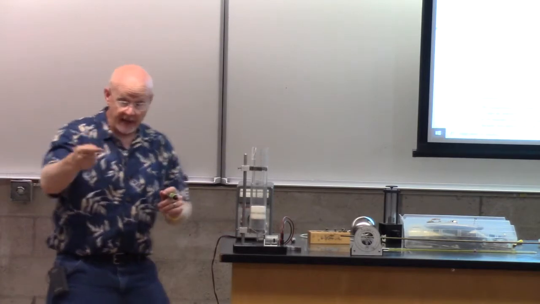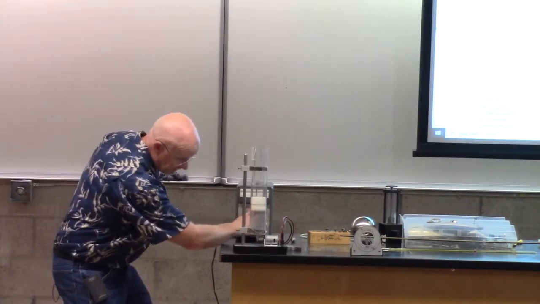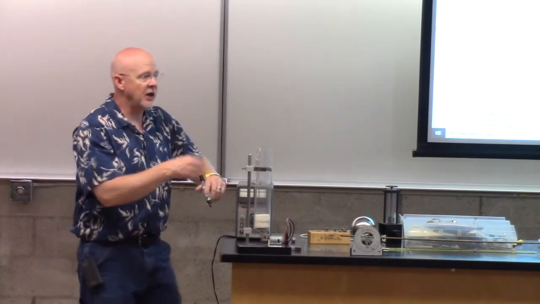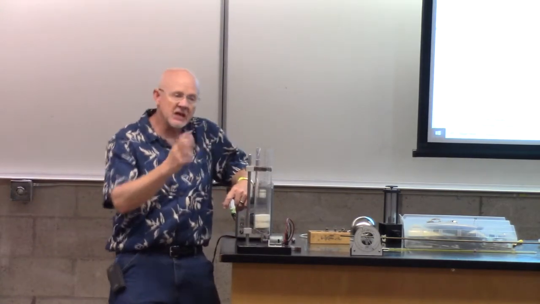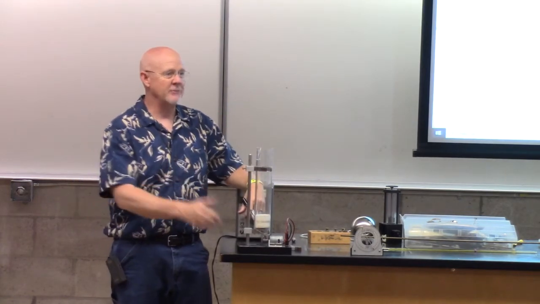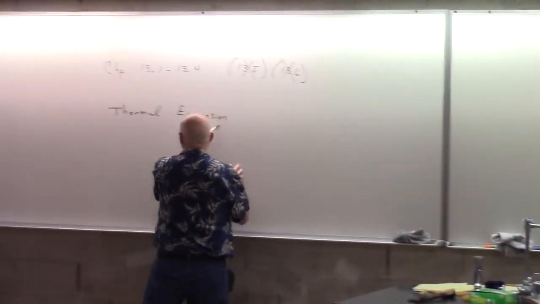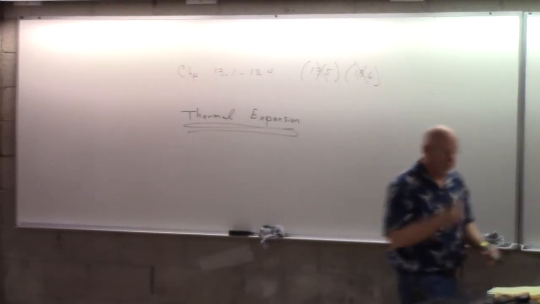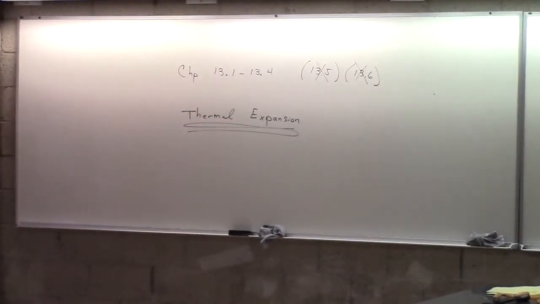If you warm it up, because the molecules move faster and because they bounce off each other harder, they need more space. Thermal expansion. And that is the starting place for our thermodynamics. That warming something up, because the molecules got to move faster, they need more space.